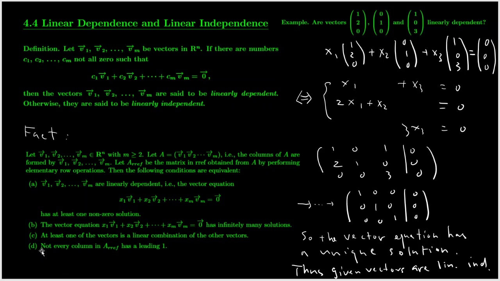You look at the D. The condition that the given vectors are linearly dependent is that not every column has a leading 1. Likewise, the condition that the given vectors are linearly independent is that in the final form, every column has a leading 1.